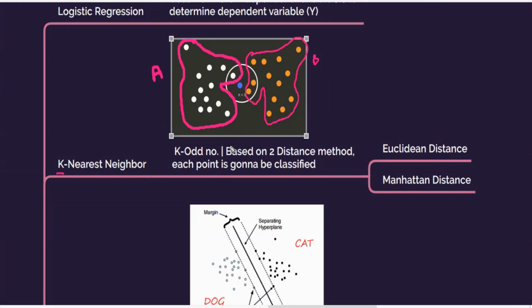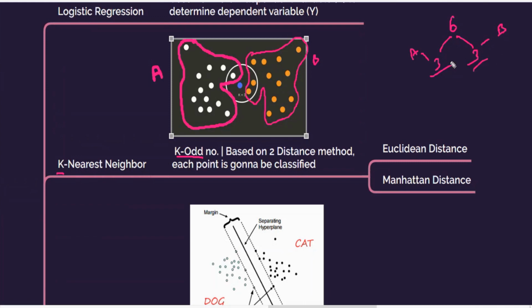Mostly we give the K value as an odd number only. Why? Because if I give an even number, like 6 nearest neighbors, there is a possibility that we get 3 points of class A and 3 points of class B.